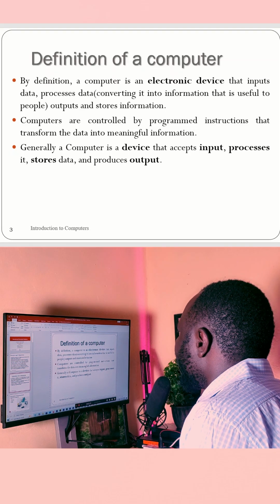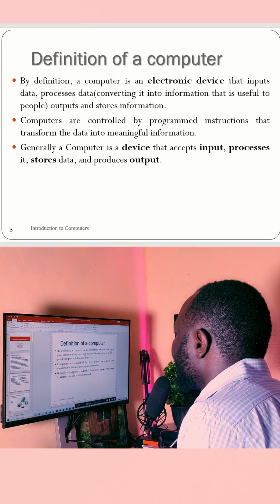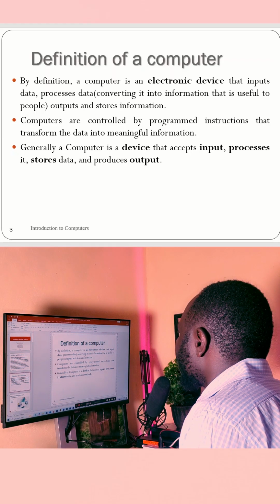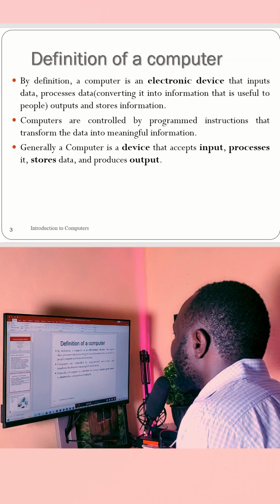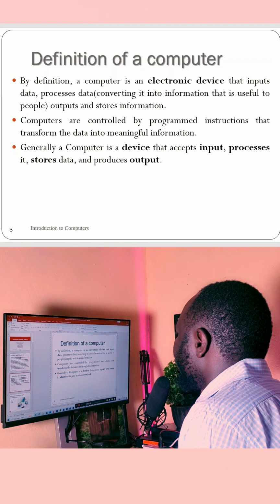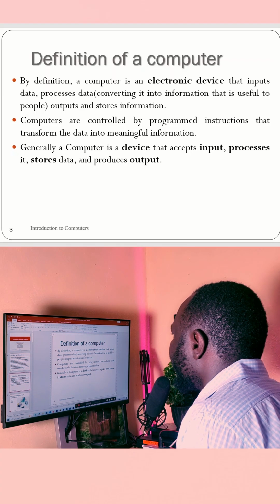Computers are controlled by programmed instructions that transform the data into meaningful information. Generally, a computer is a device that accepts input, processes it, stores the data, and then produces output, which is very, very true as well.